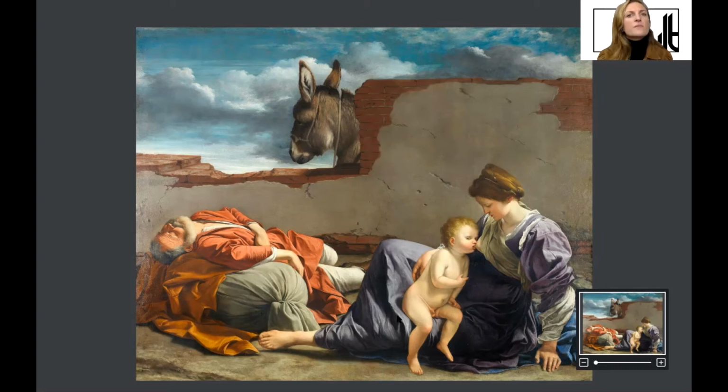He contributes to some large decorative cycles in some of the major churches, Santa Maria Maggiore, and also large fresco cycles in some of the large palaces, in the Vatican Palace, specifically in the library there. But he's really working for other artists, getting his training, probably assisting other artists.